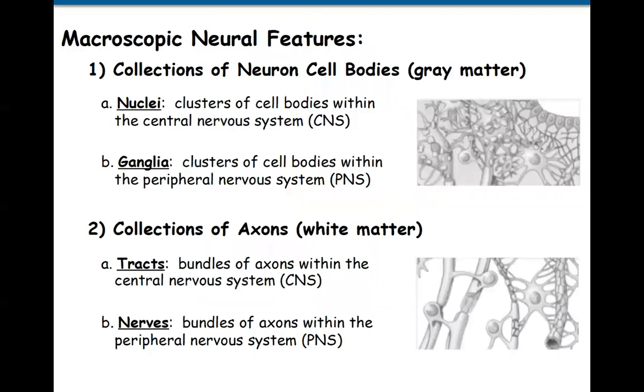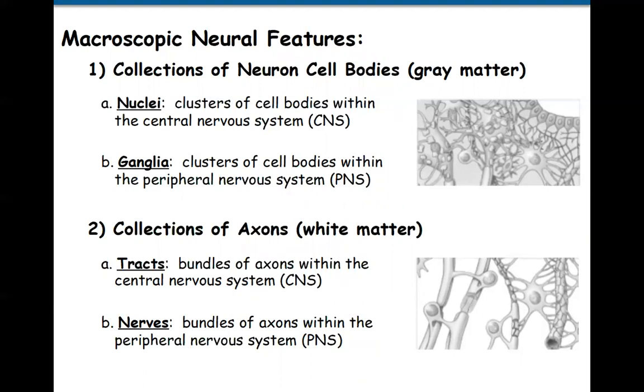Last time we talked, I talked about the distribution of gray and white matter within the central nervous system. And we said that where you find collections of neuron cell bodies, that's going to be gray matter, so that's cell bodies and dendrites, and this is where information is being received and processed. These get special names.